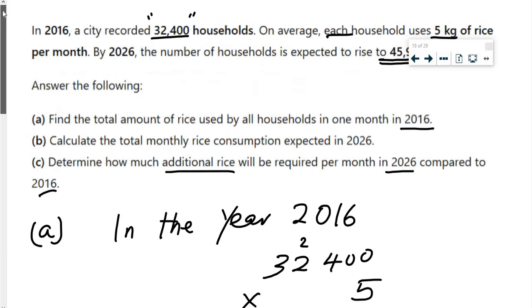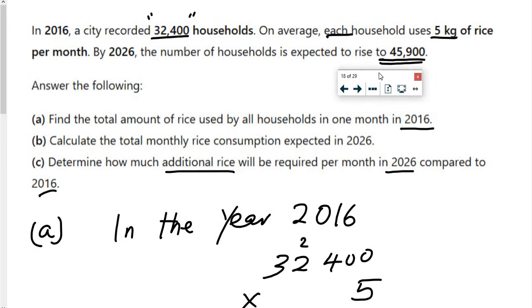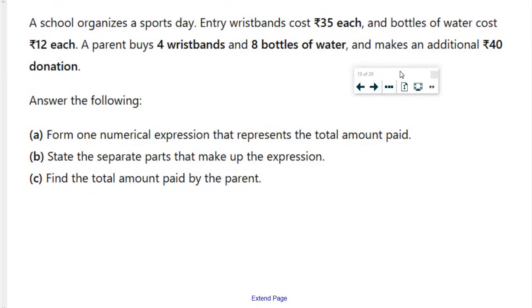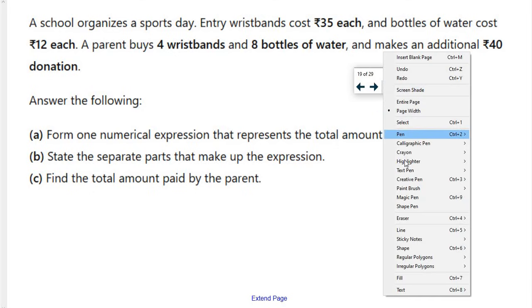Alright, so you can pause me and see how you can do it and see if you have understood the concept. The next question.